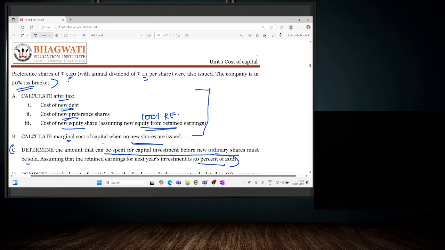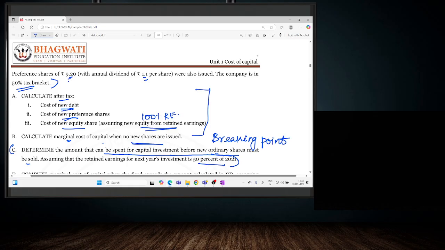So the requirement of the question is how many rupees of capital the company can raise by making use of retained earnings, new debentures, new preference shares and existing equity, which is nothing but retained earnings, right? So they are asking us to calculate the breaking point.